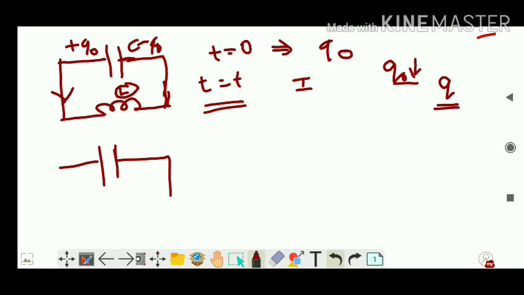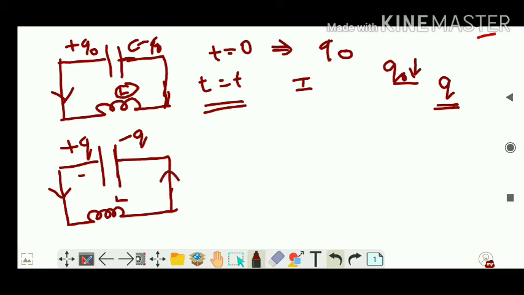I'll draw it like this. This is plus q and this is minus q, and the current is flowing like this from higher potential to lower potential. This is our inductor. This is plus, this is minus in the case of the inductor. The inductor has to oppose, which means this will be positive and this will be negative.